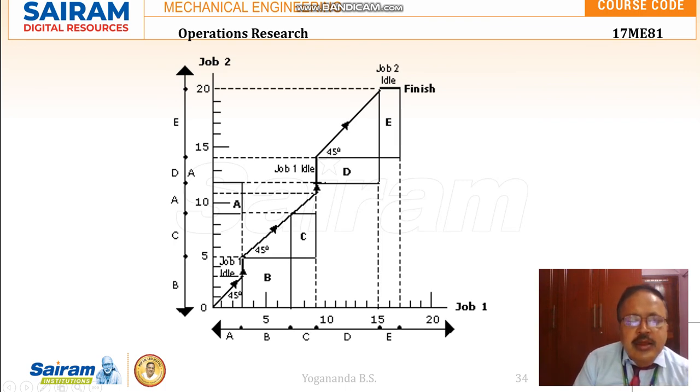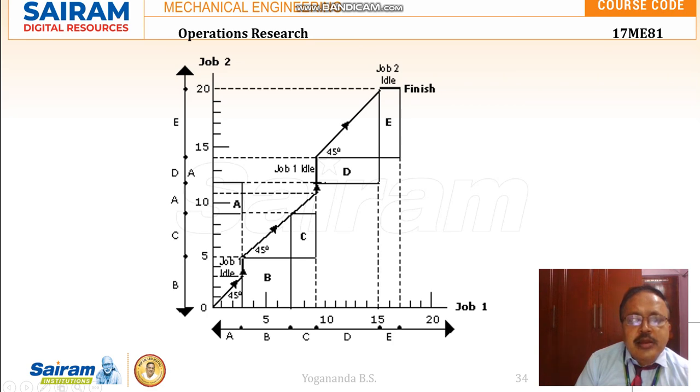Here I can draw an inclined line at 45 degrees. That can be stopped here, or you can extend till this point and move horizontally like this, and from here draw 45 degrees and then go vertically to reach this finishing point. So that is path 1.